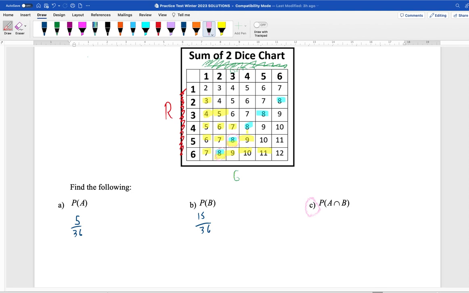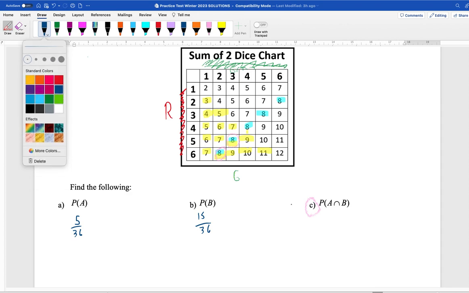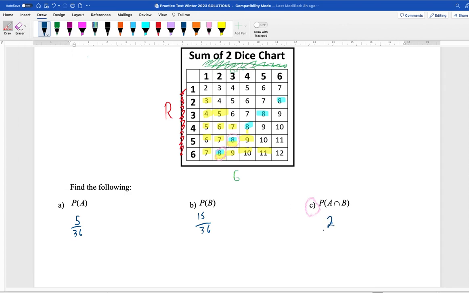Here, here. There's only 2 that have both. So it's 2 out of 36. Good. Now if I want to reduce these fractions, what's that? 5 over 12 and 1 over 18.